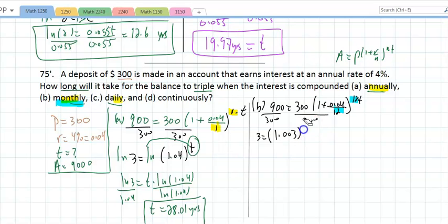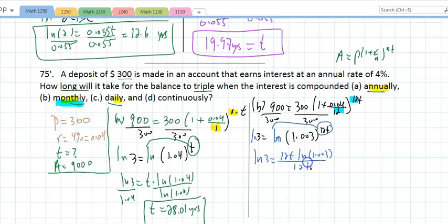So what we do, I don't know why I squished them. We're going to take natural log of both sides, and we're going to get natural log of 3 equals 12t times natural log of 1.003. If we divide by 12 natural log of 1.003, there it is.